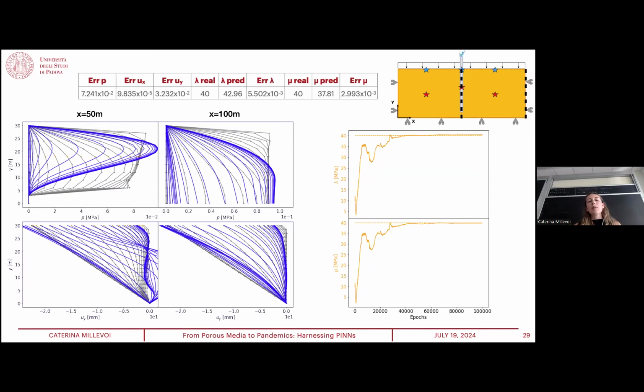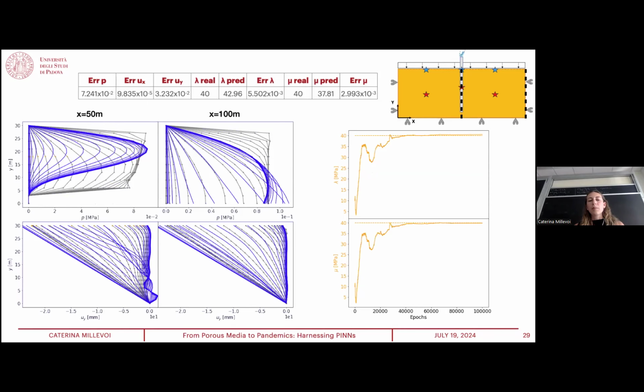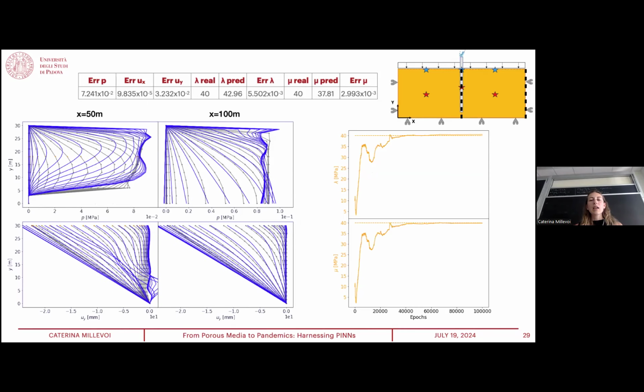And the same applies in the case in which we have a pumping well. And the same applies to the fact that the PINN is able to capture the symmetry. But actually we had some problems. Now we are starting to have some problems in simulating the solution. I don't know if you are familiar with reservoir simulation.